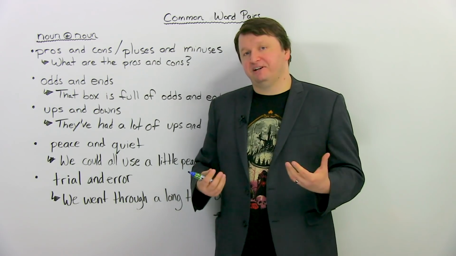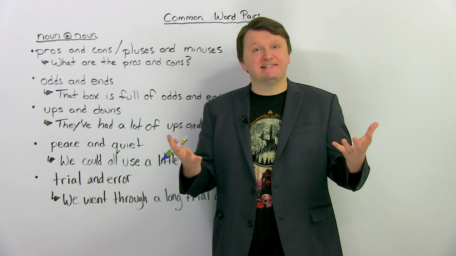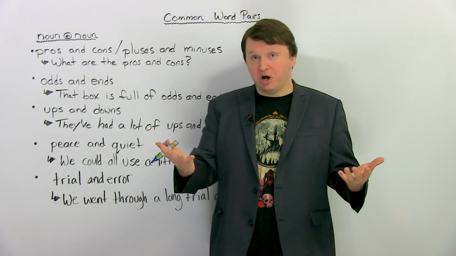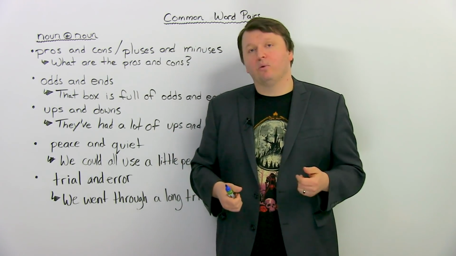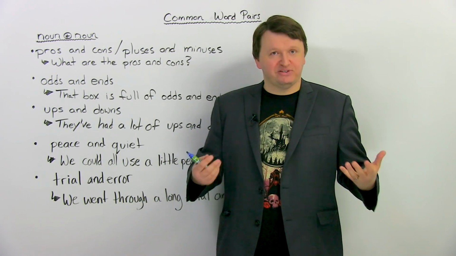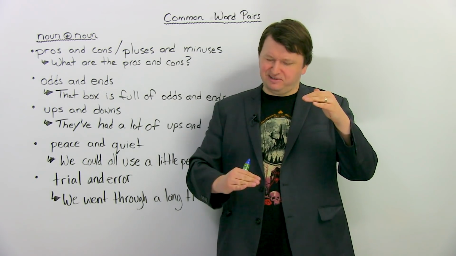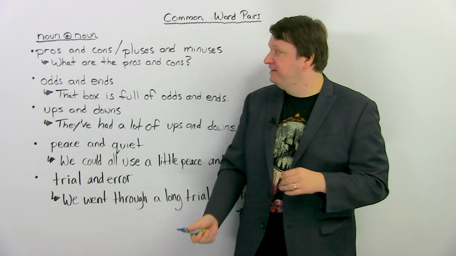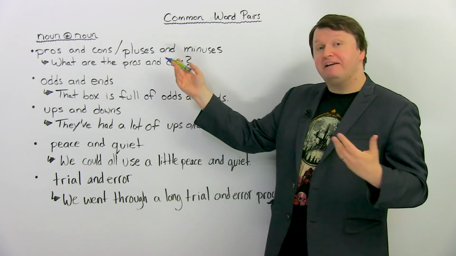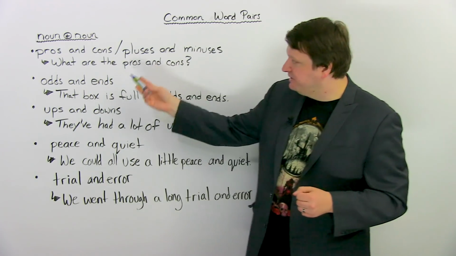When you're buying something, you're thinking about the pluses and the minuses of this thing, the pros and the cons of this thing. When you make an important life decision, you also have to weigh the pros, the pluses, and the cons, the minuses. Okay? So these are the benefits or the disadvantages of something.